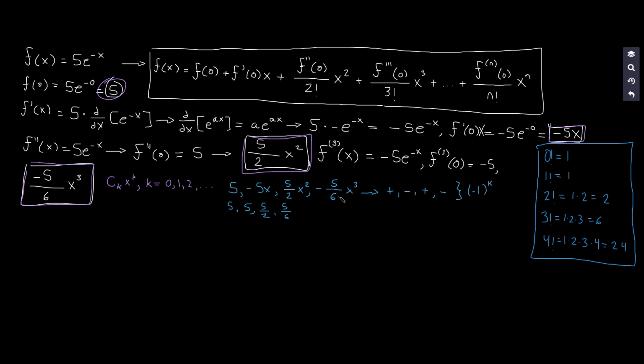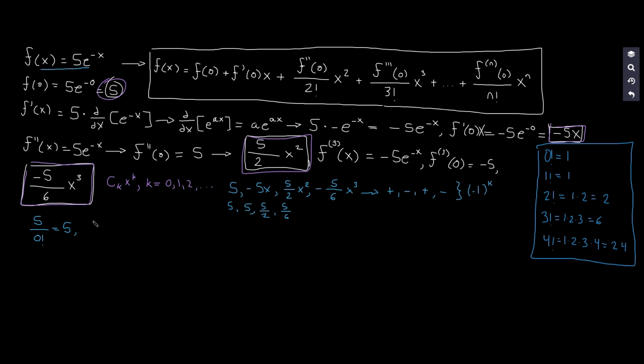So we look at the original function right here and we say, well, there's a 5 in it. So we'll take 5 and put it over 0 factorial, and that's going to be 5.